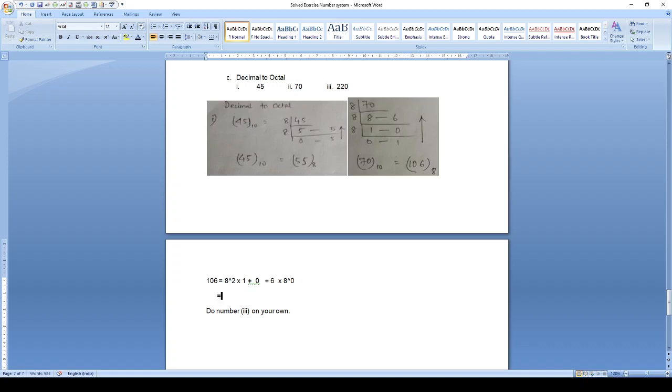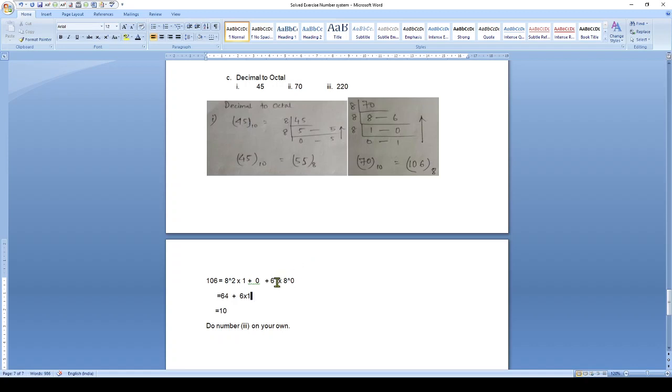So 8 to the power 2 is 64, plus 6. 8 to the power 0 means what? Anything to the power 0 is 1.